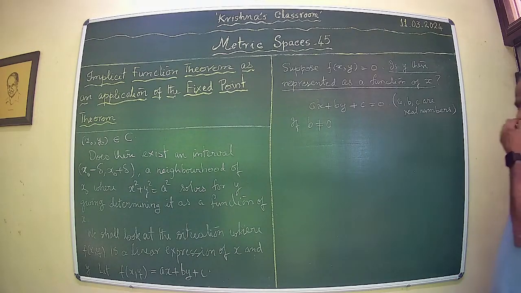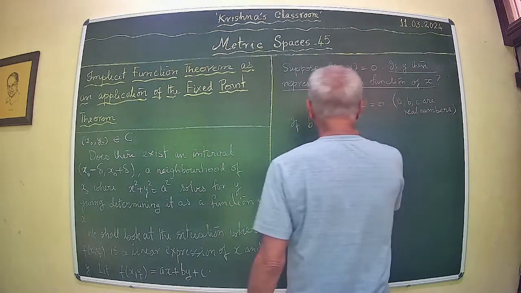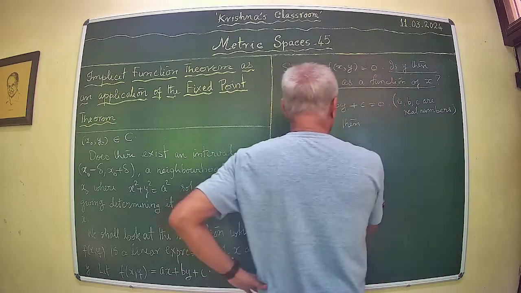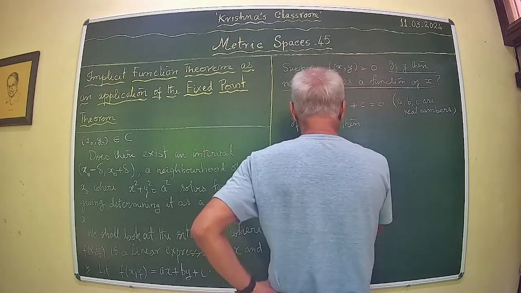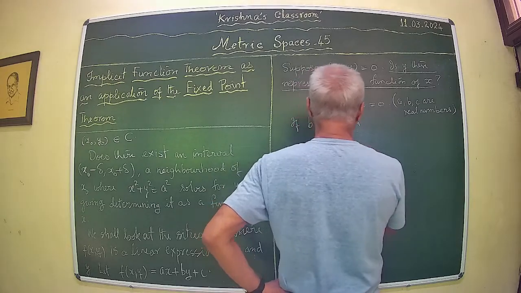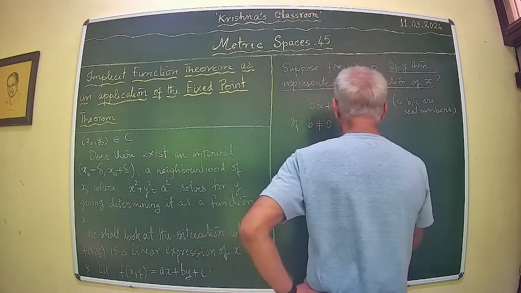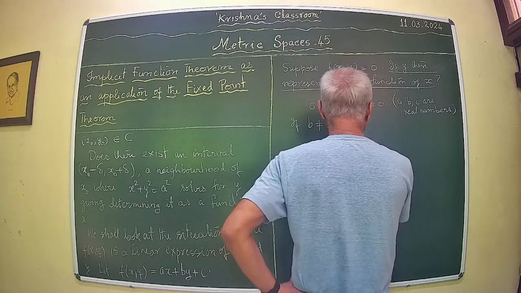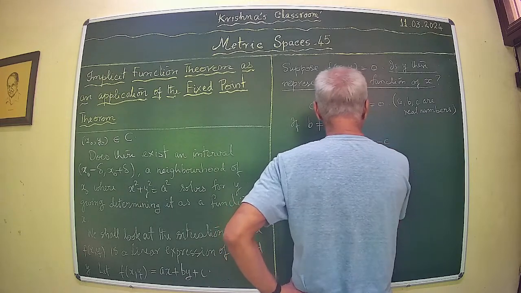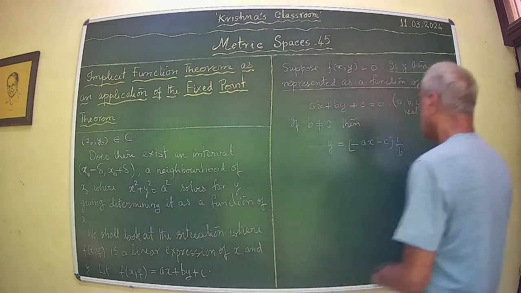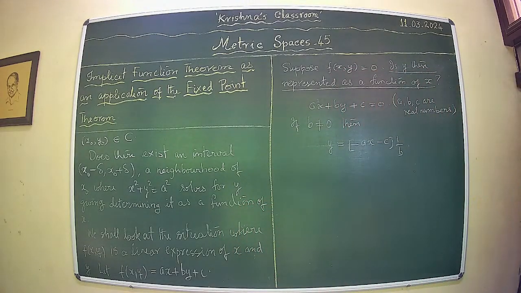Suppose b is not equal to 0, then you see that y can be represented as minus one upon b times ax plus c.